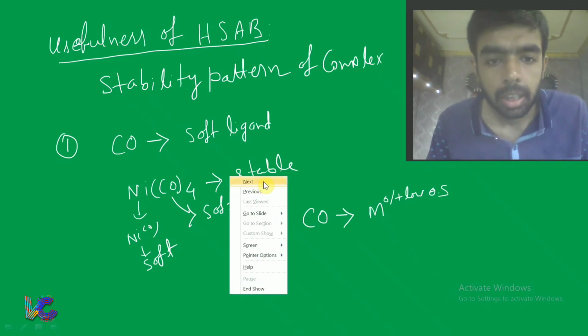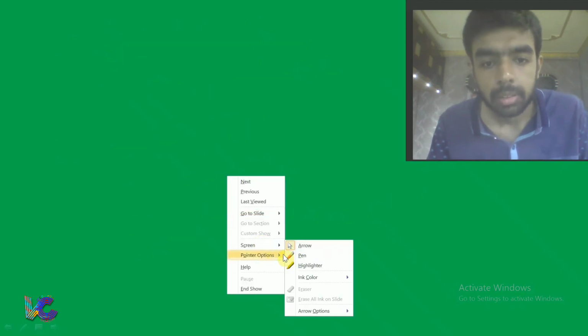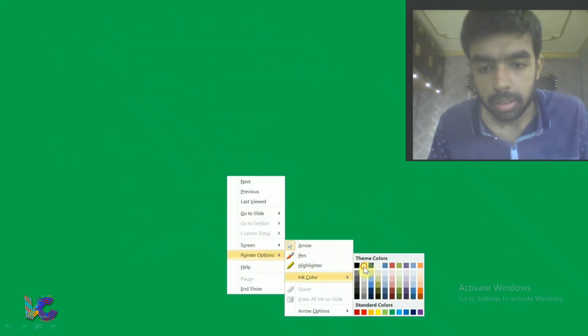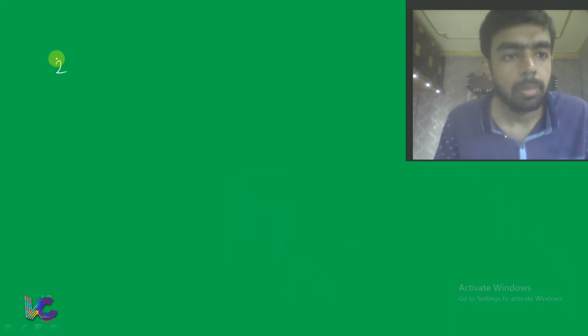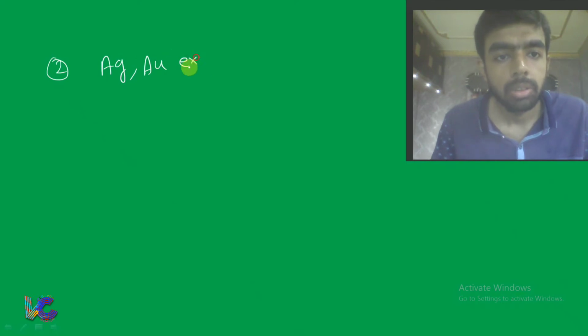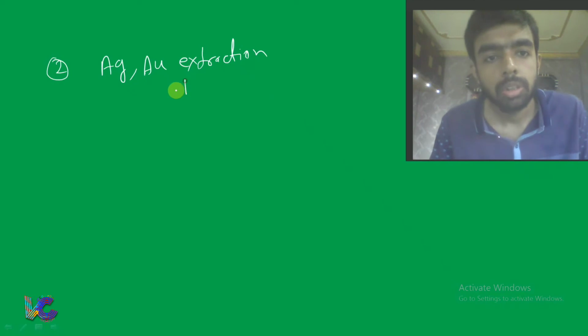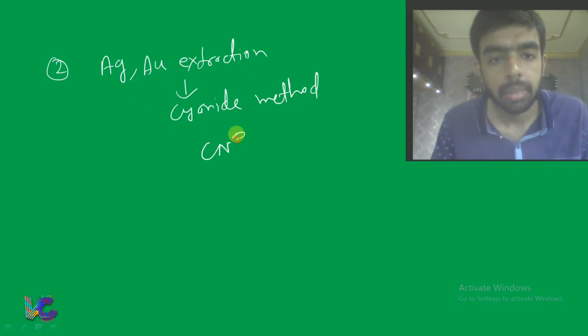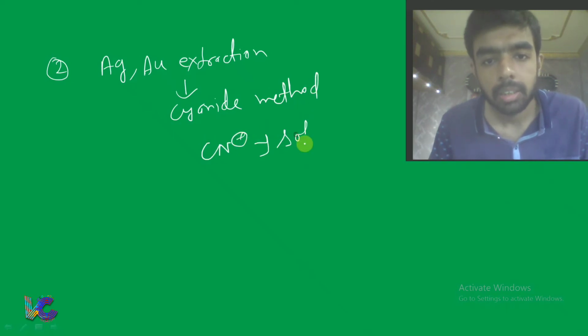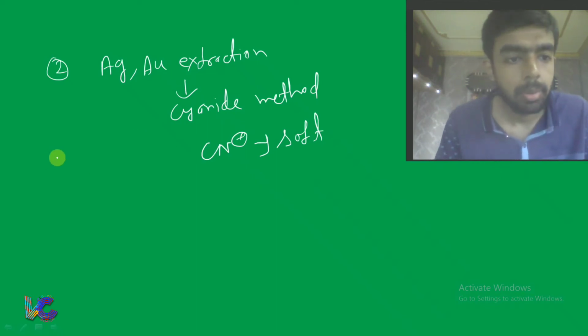Okay. Now if you see the other examples, for the extraction of Ag and Au, we generally use the cyanide method. Now you know cyanide, CN minus, is a soft ligand, and Ag plus or Au plus is also a soft metal.